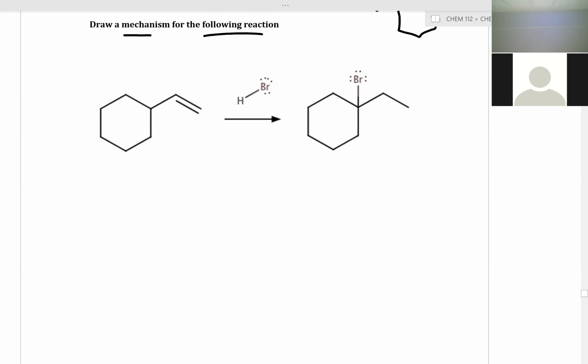But that was perfect. Yep, so in our first step, we protonate our alkene and we generate preferentially the secondary carbocation.